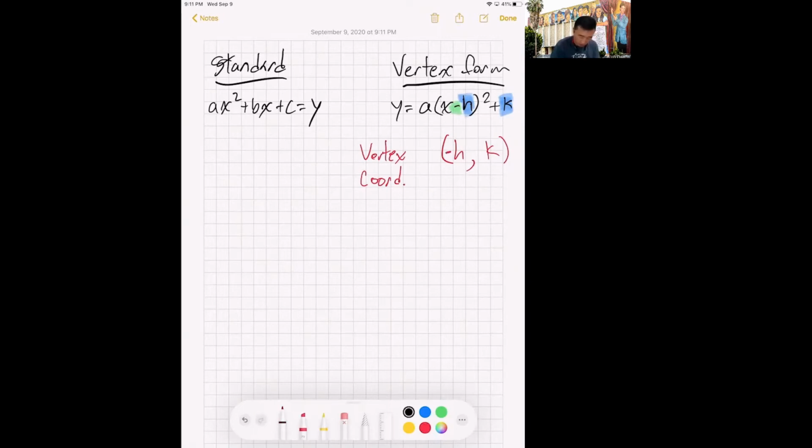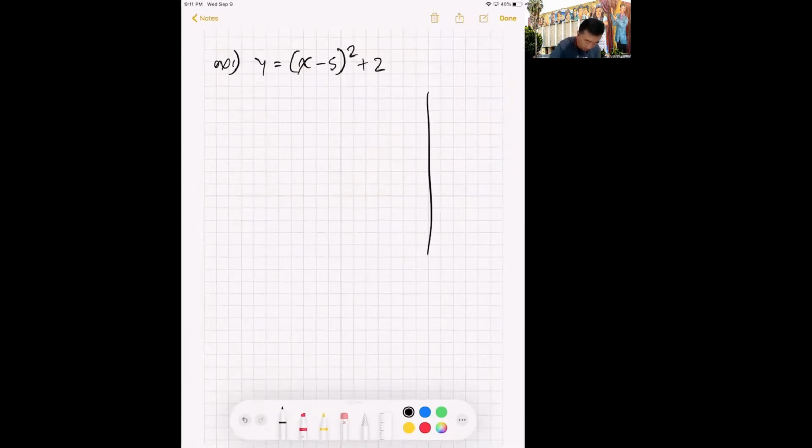Okay, so for example, simple number one, y equals 2, and let's go with (x minus 5) squared plus 2, something like that, right? That means that if I have something like that and I want to find the vertex, all I have to do is take this number and change it to the opposite, and then take this number and don't change it, and I have my vertex.